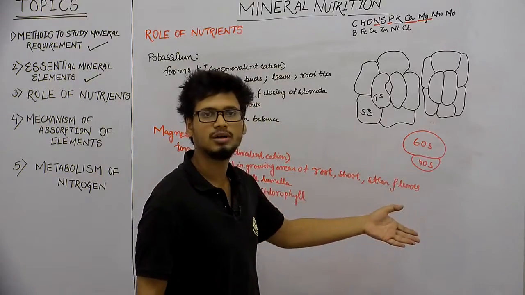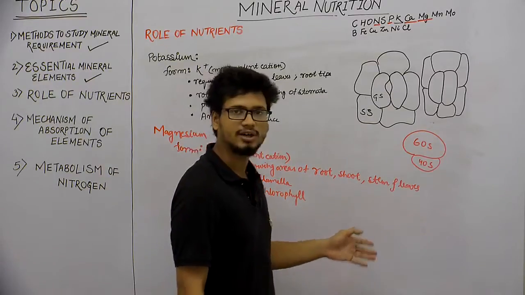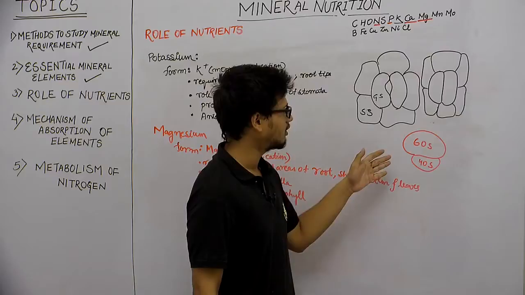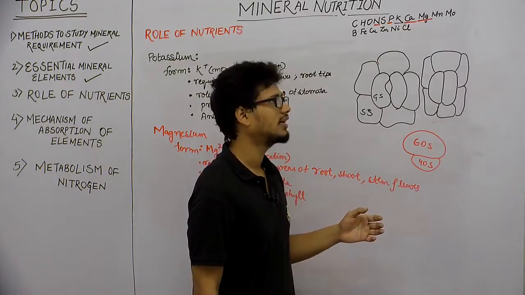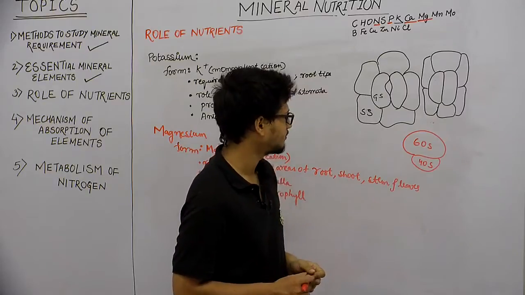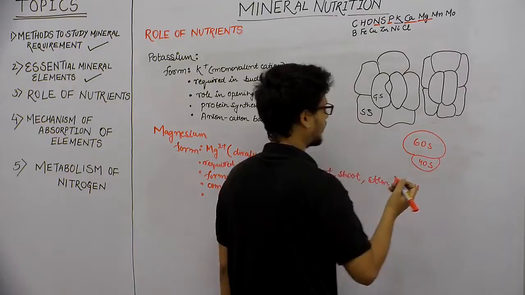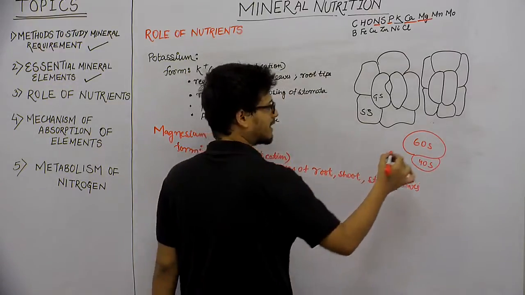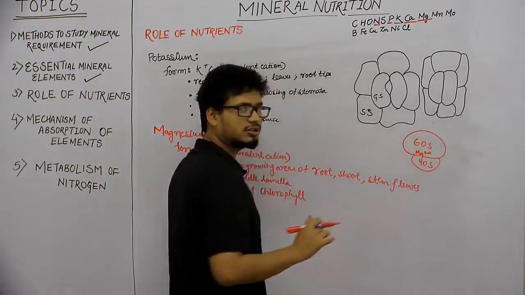This I'm talking of eukaryotes. Eukaryotes में ऐसा होता है. जो prokaryotes होते हैं, prokaryotes में it is 50S and 30S. And okay, so magnesium ion जो होता है, it helps in binding of both the subunits together.